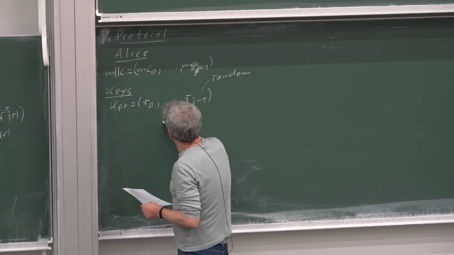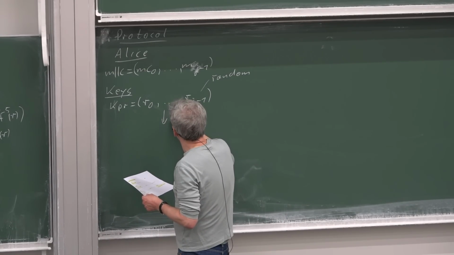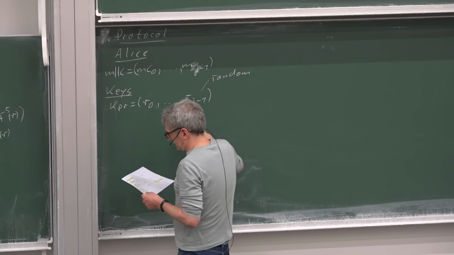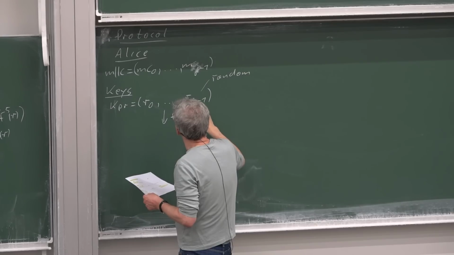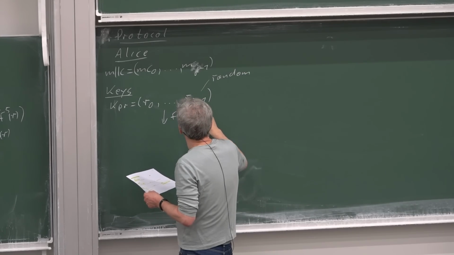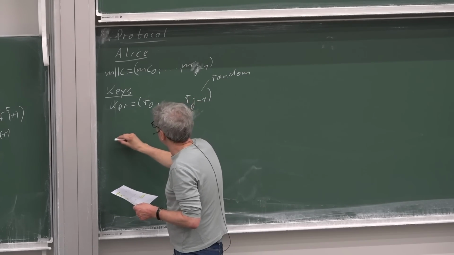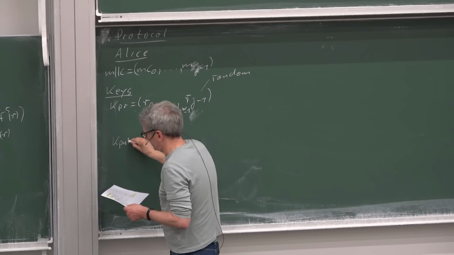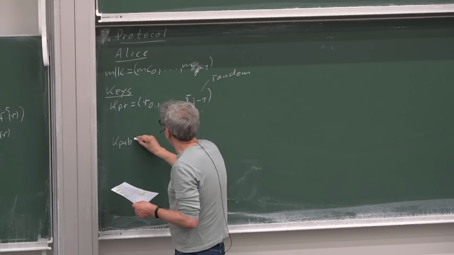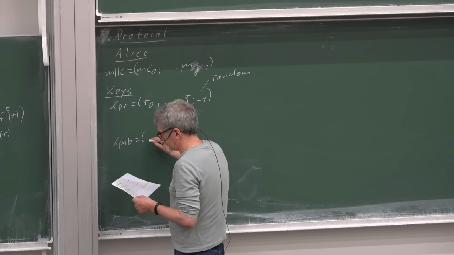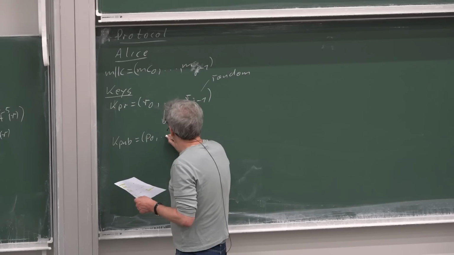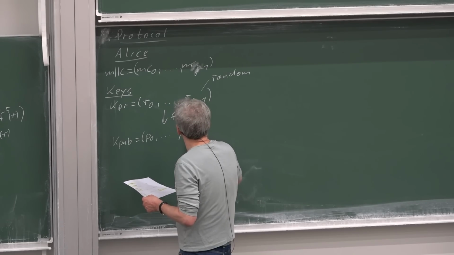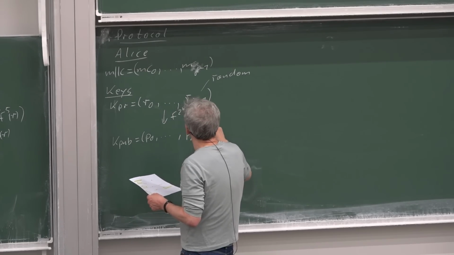And each of these random values is hashed with f, W minus 1 times. And that becomes your public key, which we denote by P0 up to P J minus 1.